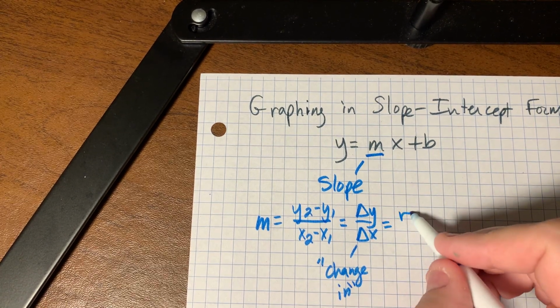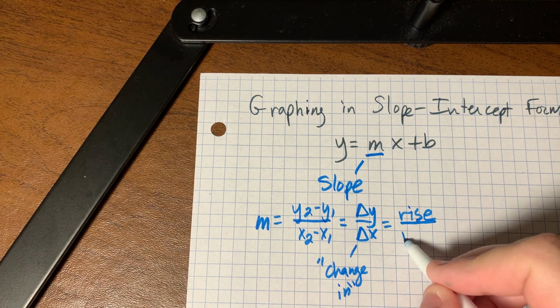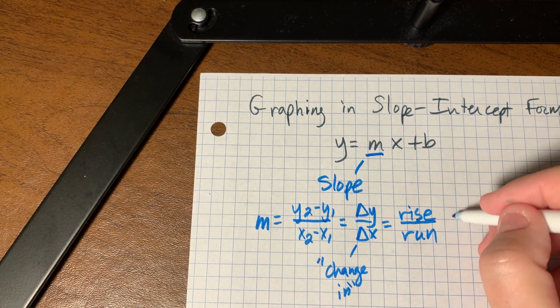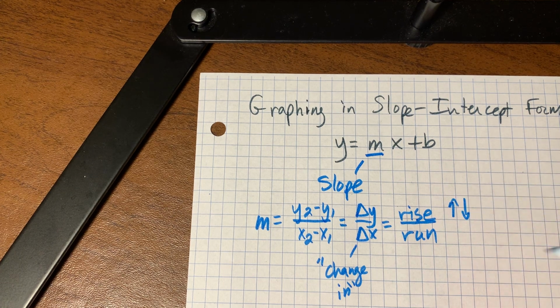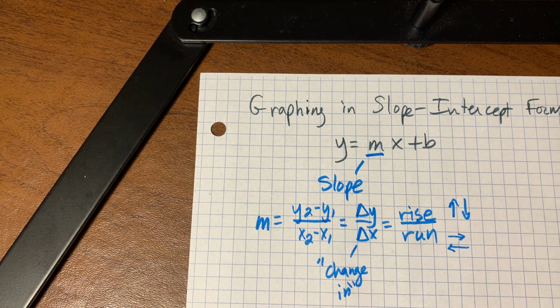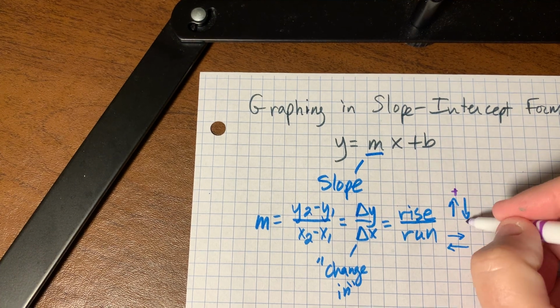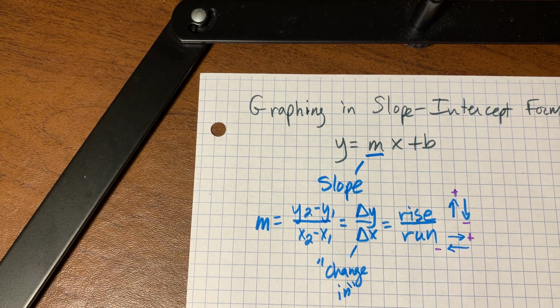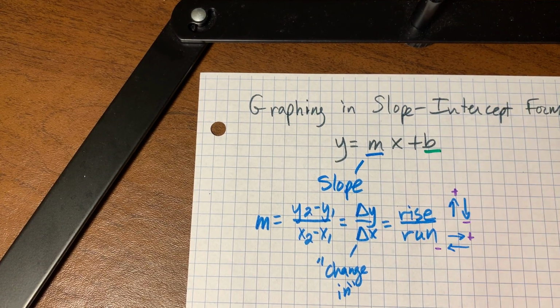When we're dealing with graphs, we usually like to look at the rise over run. The rise is the vertical change, so how it's going up or down. The run is how it's going right or left. If it's going up, it's positive. If it's going down, it's negative. If we're going to the right, it's positive. If we go to the left, it's negative. The other piece of this is b.